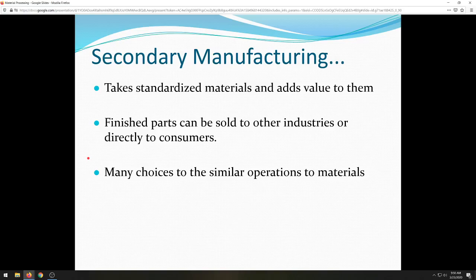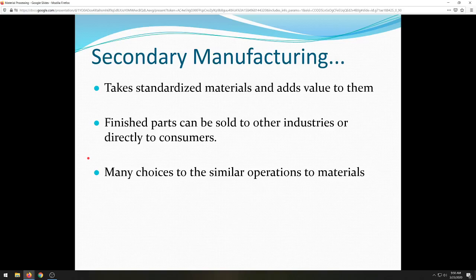So basically, what secondary manufacturing is, we're taking the raw material that's been standardized to a stock. So a factory, a shop, anybody that makes stuff. Our shop, our lab. In our case, I order bar stock. So we get steel that's been mixed and molded into bars.